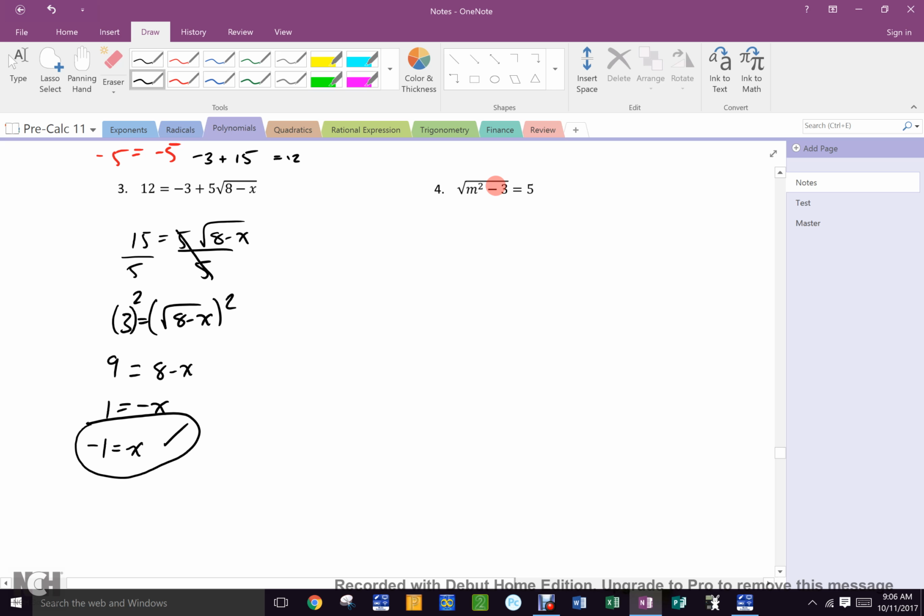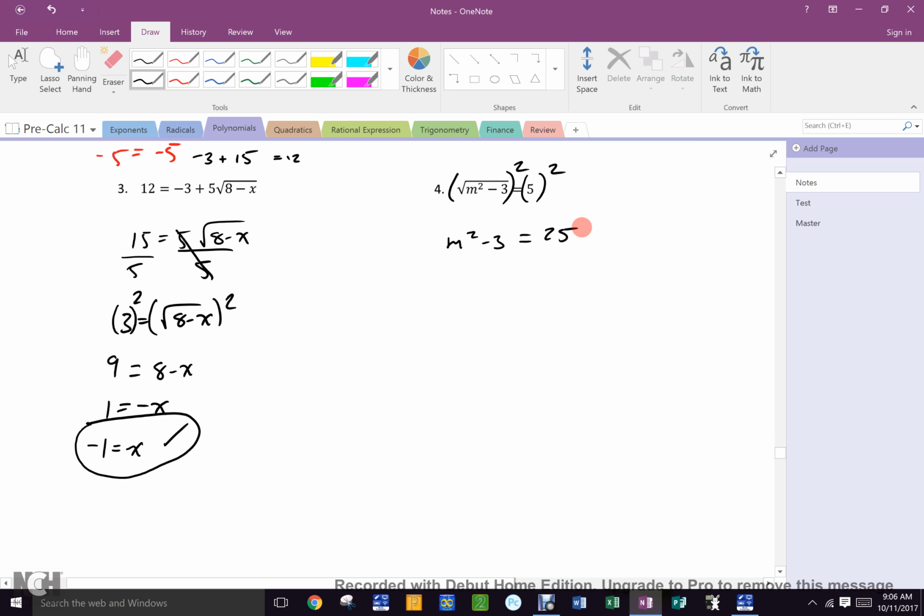Is that radical already isolated? So do I have to do anything? I just got to square it. Some of you are going to screw this up, though, aren't you? When I square this radical, does the radicand change? No. So I get m squared minus 3 equals 25, right?